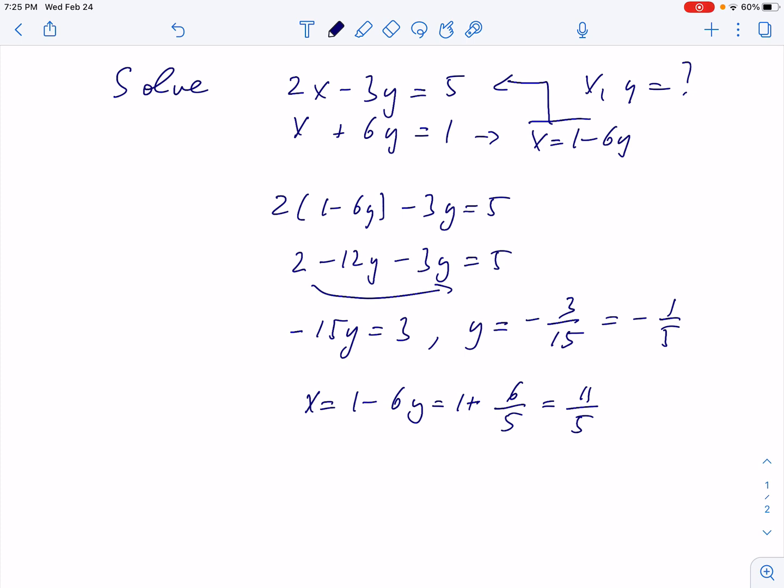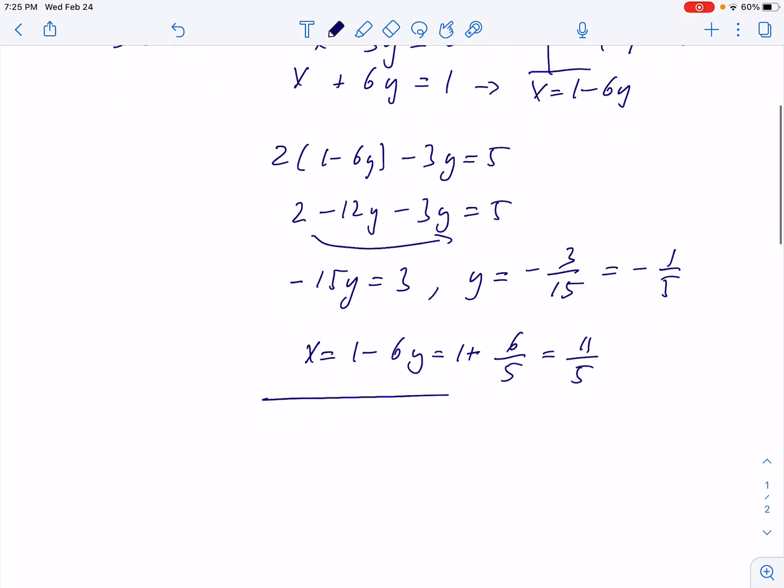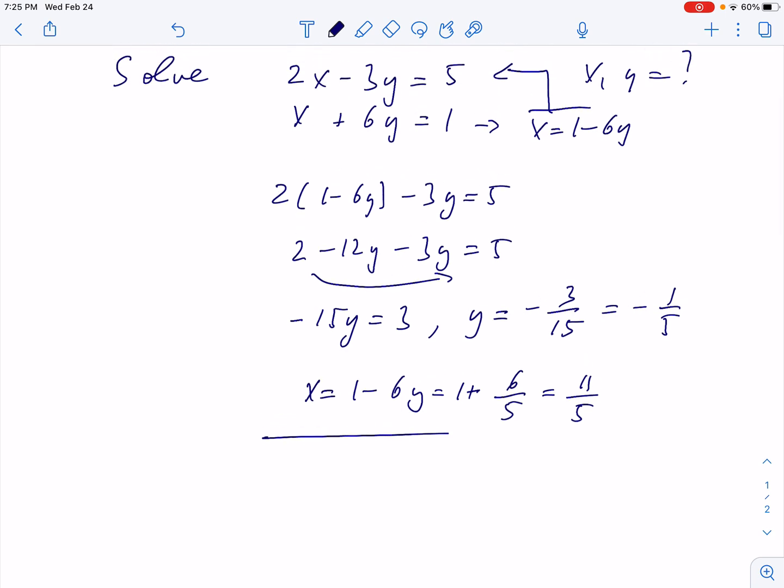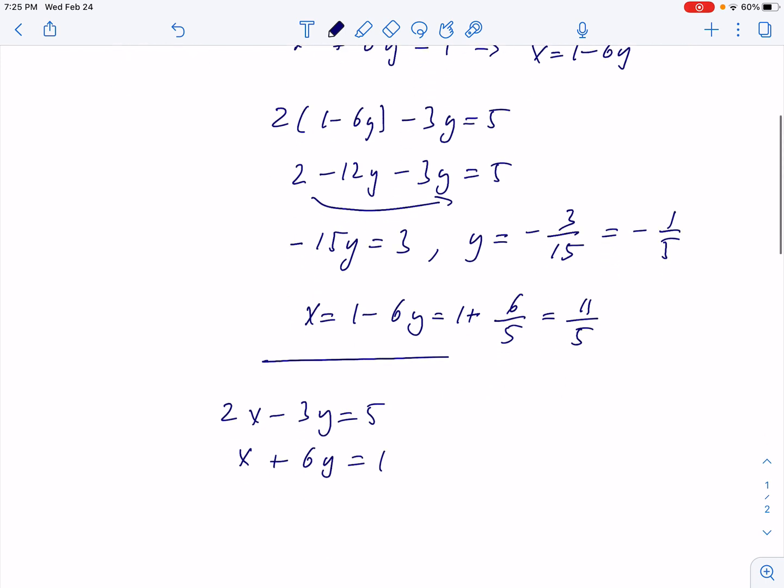We can choose to solve first for y, then for x. Doesn't matter. Now I want to show you a better solution by elimination. And we shall do elimination, as I said, most of the time. Here I want to rewrite the system and start from the beginning. This was our system. I can eliminate x or I can eliminate y. Let me show you how to eliminate x.